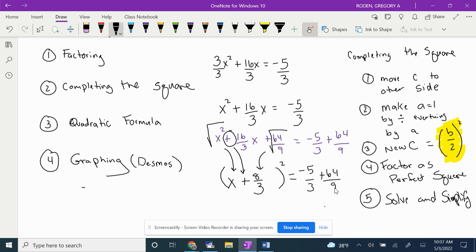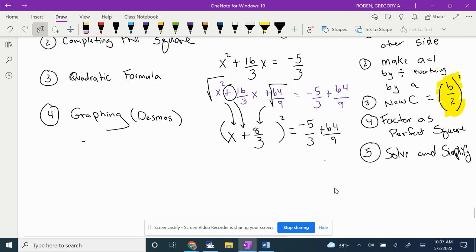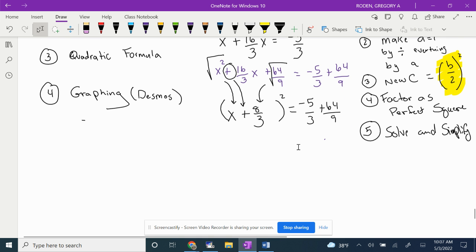Now, let's go ahead and get a common denominator on the left side. What is the common denominator between 3 and 9? 9. Yeah, we're having a 16 over 3. Okay, but listen, when you factor something, that is the sum that gets hidden in there. Remember, because here's the deal. If I FOIL out x plus 8 over 3 times x plus 8 over 3, it will come back to this answer right here. Okay.